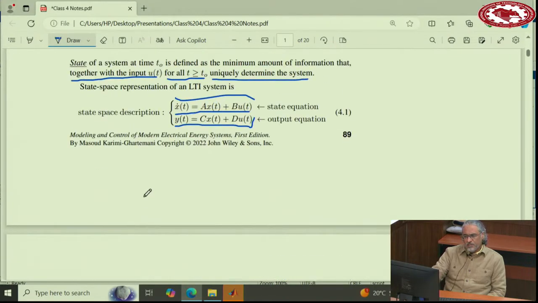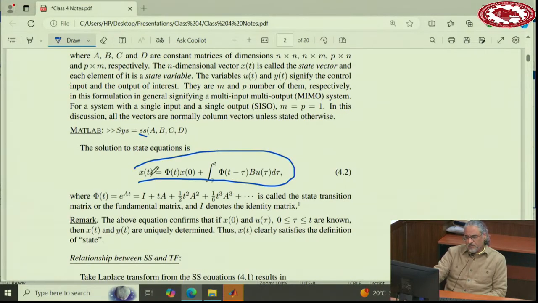And here, in general, A, B, C, and D are matrices, and phi is called the fundamental matrix or state transition matrix. Now, if you look at this equation, it shows the solution of this system. The integral is from 0 to t and depends on the input u, and all the information before t equals 0 is stored in x0.